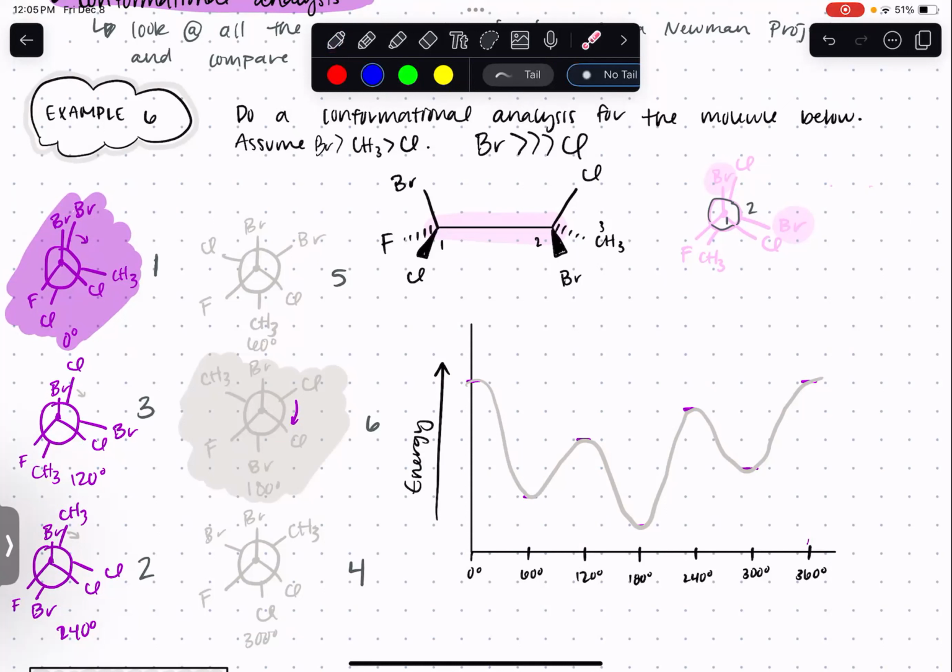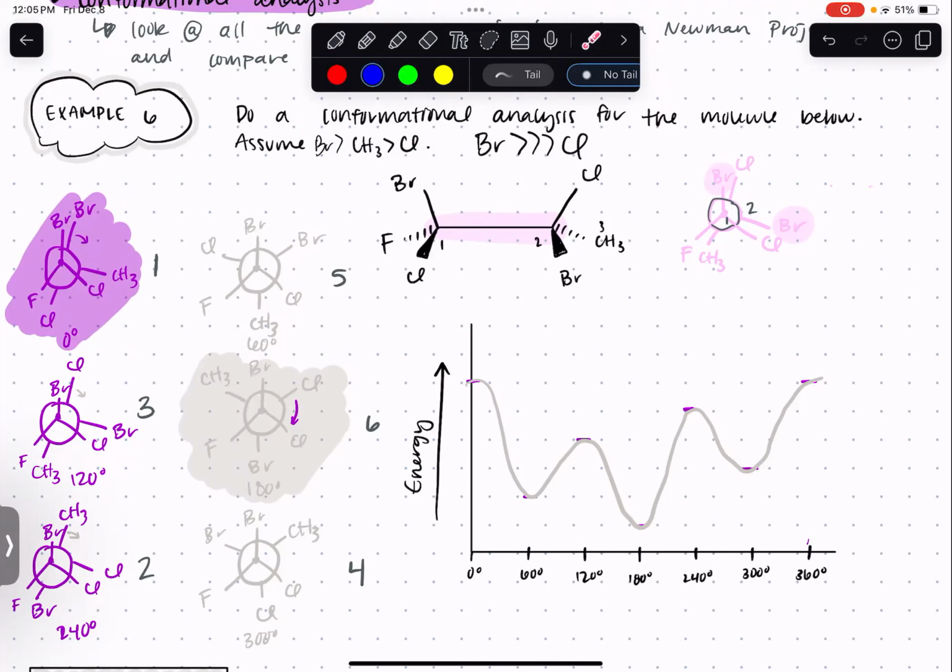So it's the biggest. So that means it's going to be our highest energy thing. And then on the back one, we're looking at chlorine, methyl, and bromine. And of those three, bromine is the biggest as well. And it tells me this up here too, that bromine is the biggest of all of those.